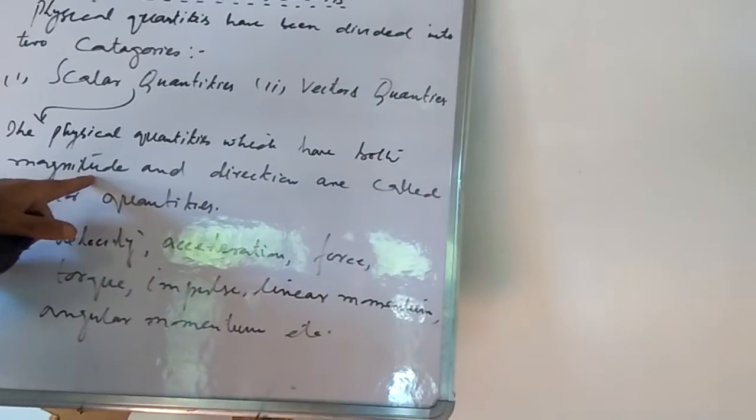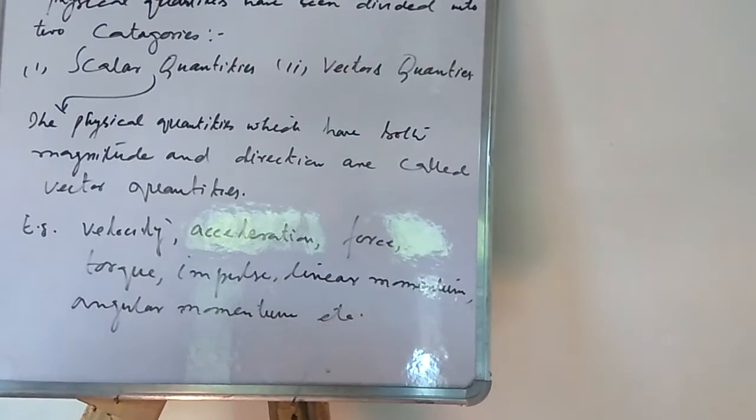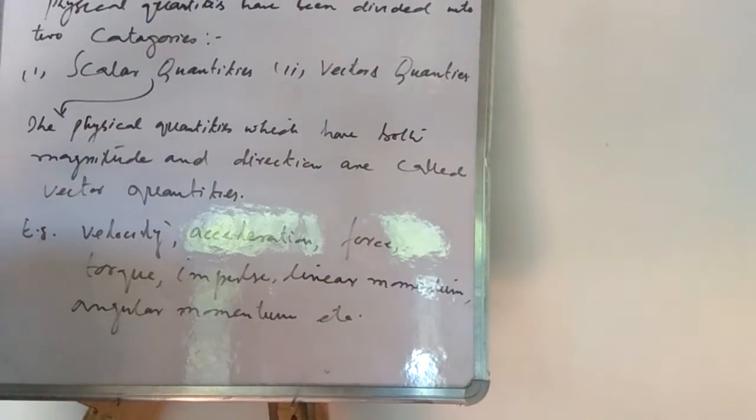That means they have both magnitude or size and direction. For example, velocity, acceleration, force, torque, impulse, linear momentum, angular momentum, etc. They are known as vector quantities.